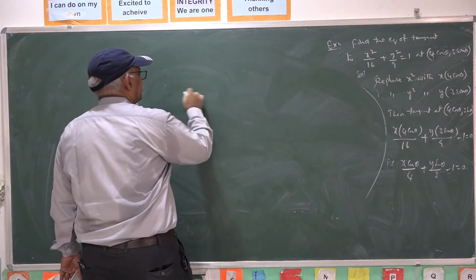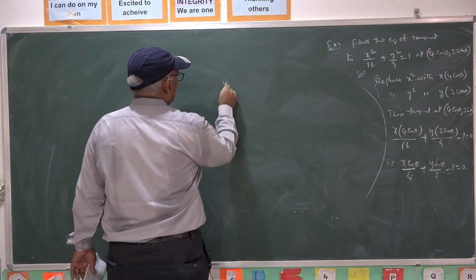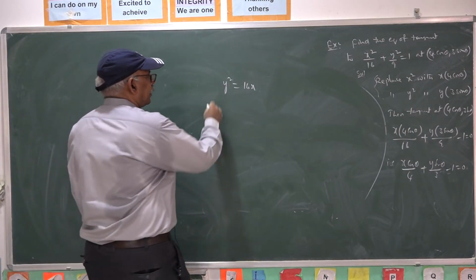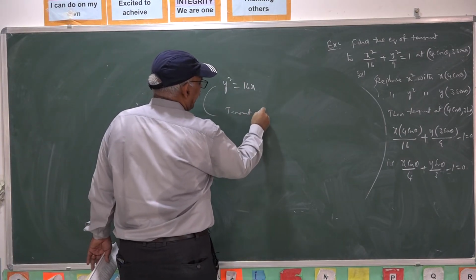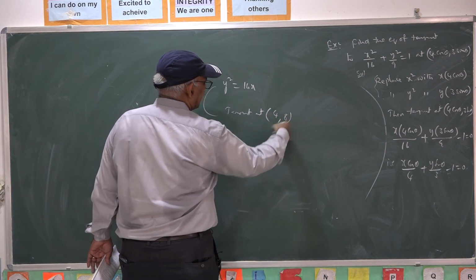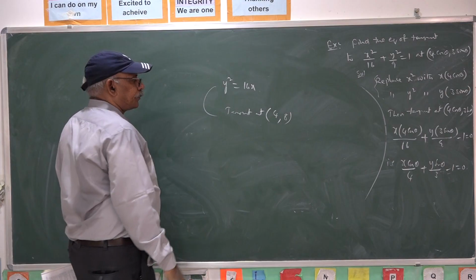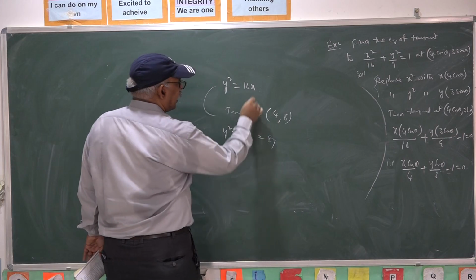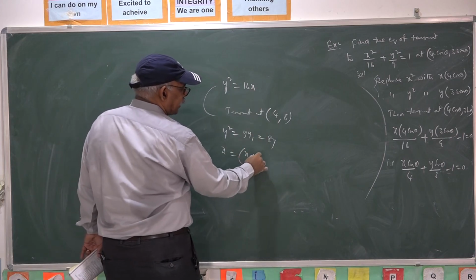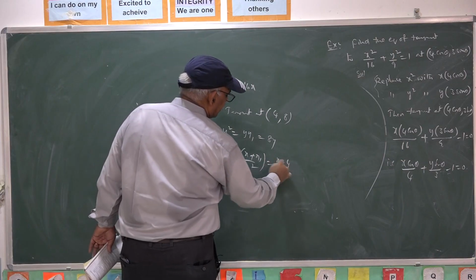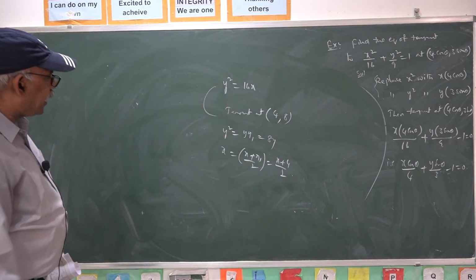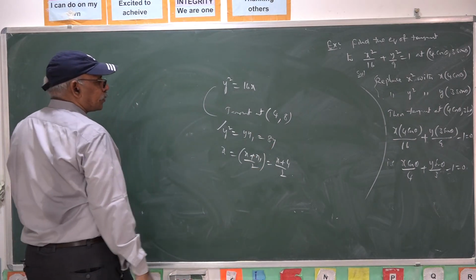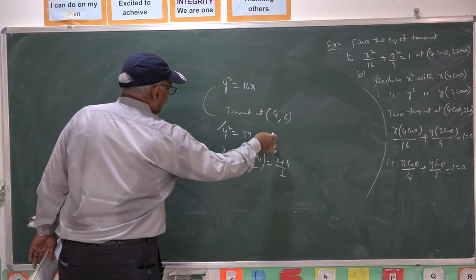One more example. For the parabola y square equal to 16x, the tangent at 4 comma 8 is given by replacing y square with y y1, that is 8y, and x with x plus x1 by 2, that is x plus 4 by 2, because x1 is 4 and y1 is 8.